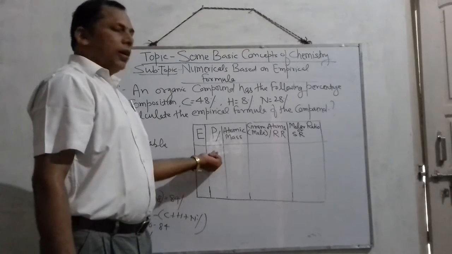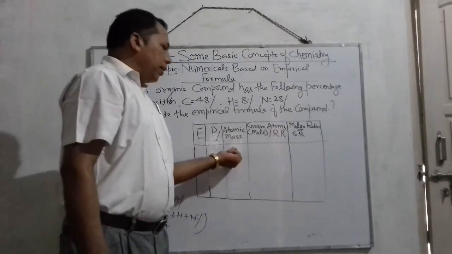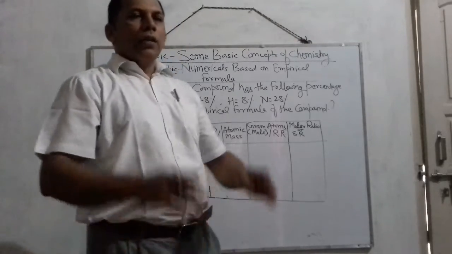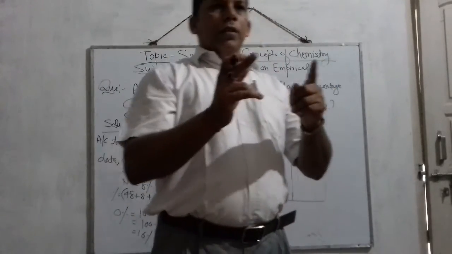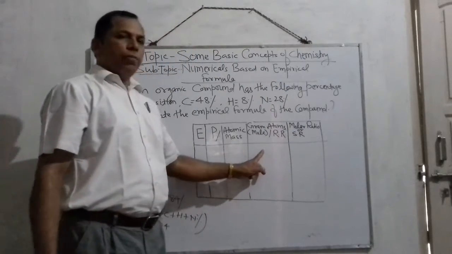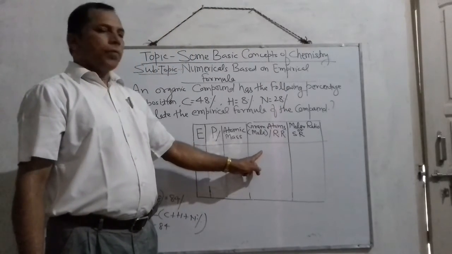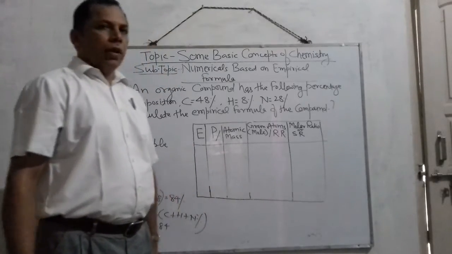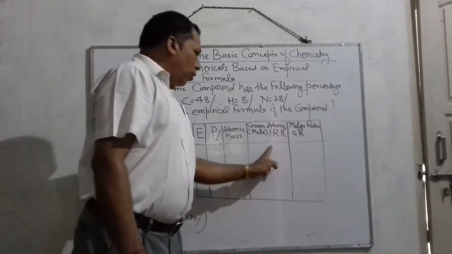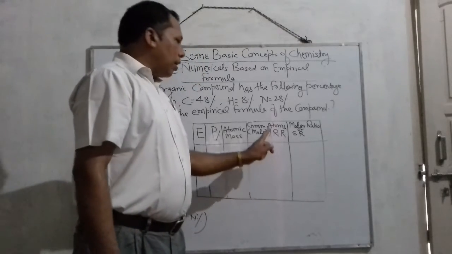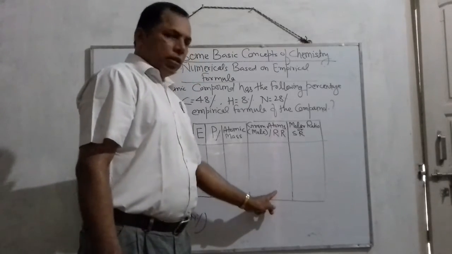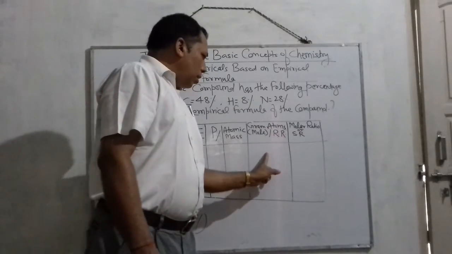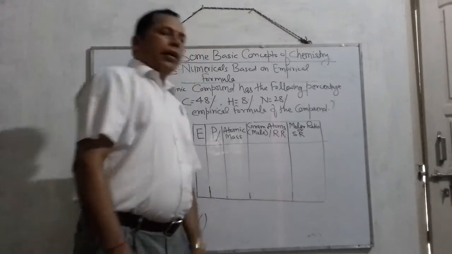If the percentage of the element is divided by the atomic mass of the element, then you will get the relative ratio of that element. Must remember, this point is very crucial. After getting the relative ratio of each element, select the lowest number among them and divide all the moles of the elements by it.